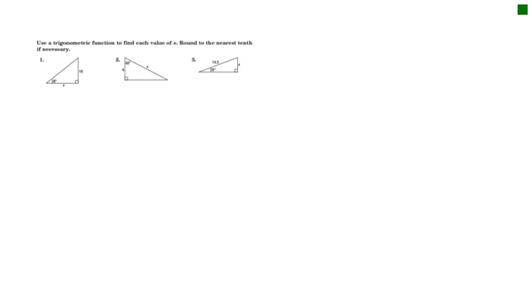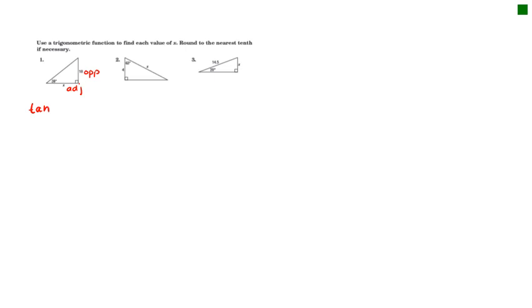So let's look at example 1. They gave me opposite, and they want me to find adjacent. The hypotenuse is not part of this at all. All right, so if I need to find opposite and adjacent, that is going to be SOH-CAH-TOA, that's going to be tangent.